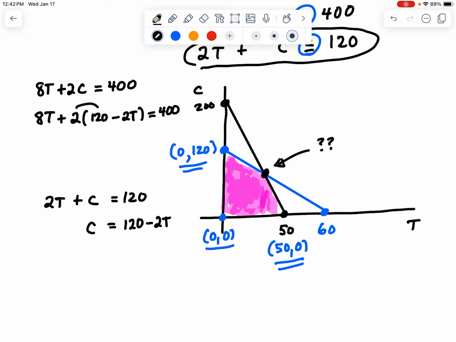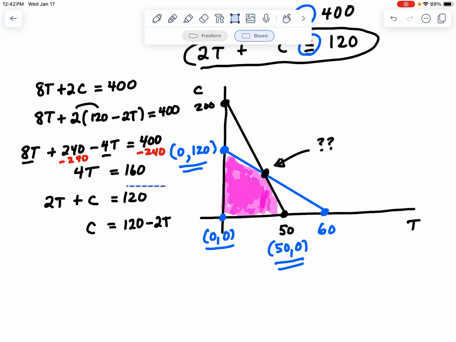So if you distribute the 2, we'll have 8t plus 240 minus 4t, and then it equals 400. So an 8t minus 4t, that's going to be 4t. And then if you subtract 240 from both sides, then 400 minus 240 is going to be 160.